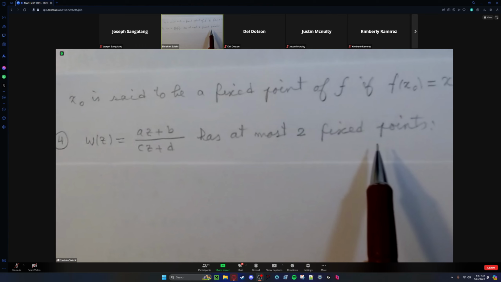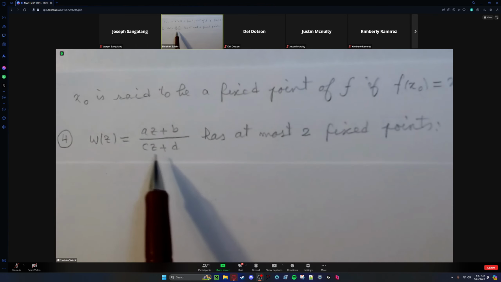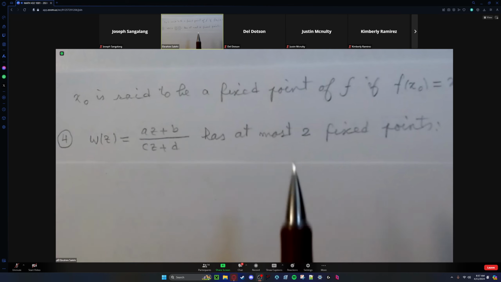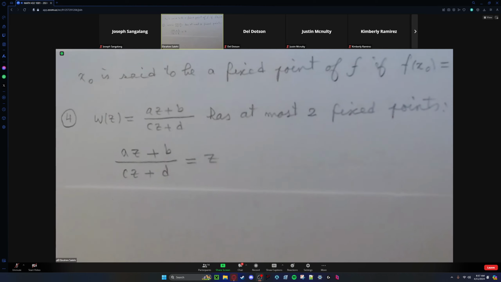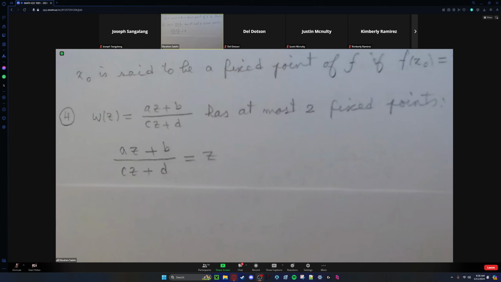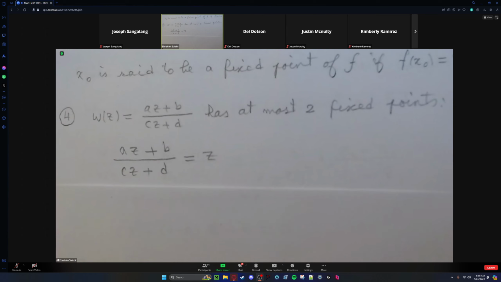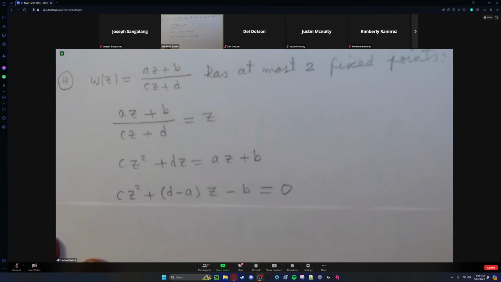And here is why. What are the fixed points of this function? When you plug in, you get the same result, right? The same number, which means this. And by the way, that is how we find the fixed points. F of z has got to be equal to z. If you multiply this out, I mean cross multiplication, it will give you this quadratic equation.